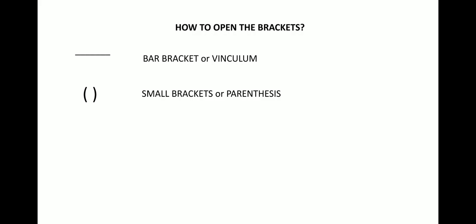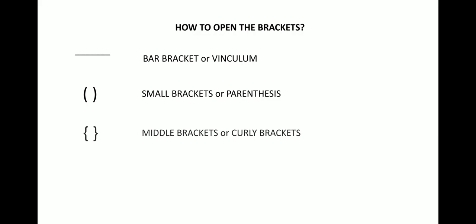First you simplify the terms inside the parenthesis, then you open the small bracket, then we move on to the next step. The next step will be, if there is any, to simplify the terms inside the middle bracket or curly brackets, then you can open the curly brackets.